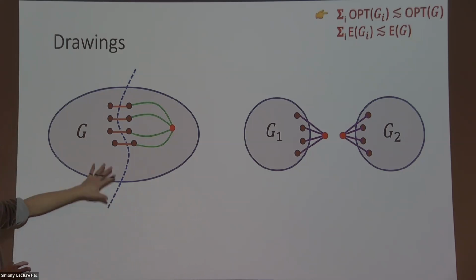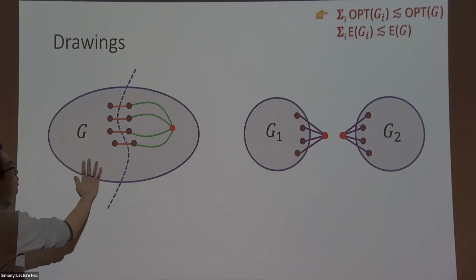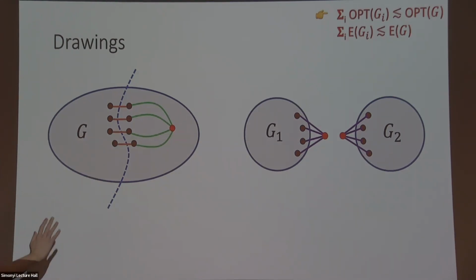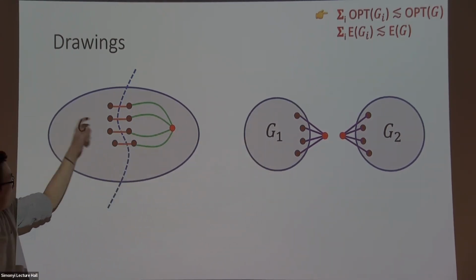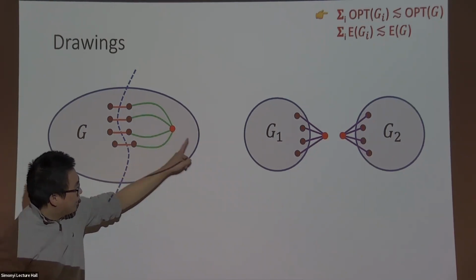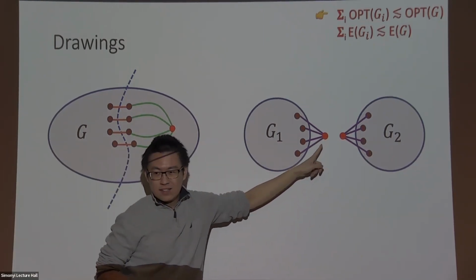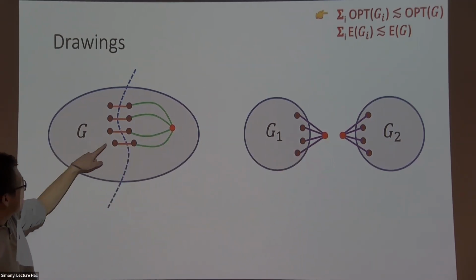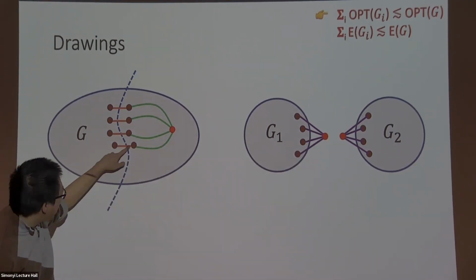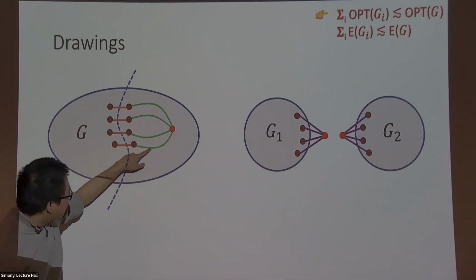How? We look at the original drawing of G. We keep all the left part as the drawing within this circle. We view the image of this vertex as the image of the special vertex. And now we need to draw these edges. How? It is just the combination of this edge's image together with this path's image.